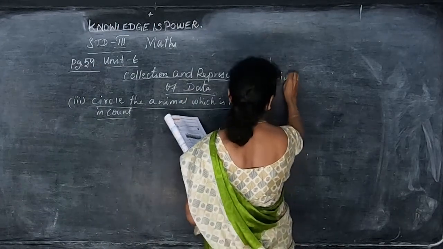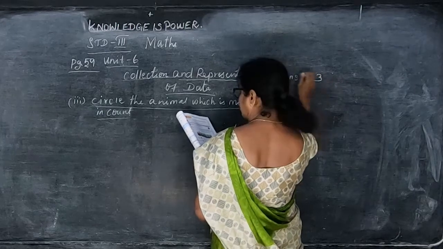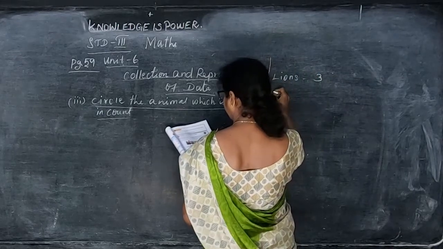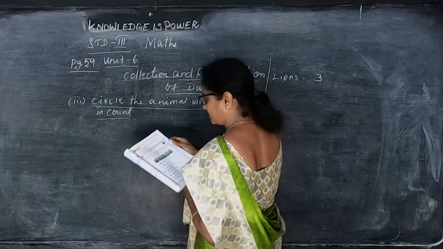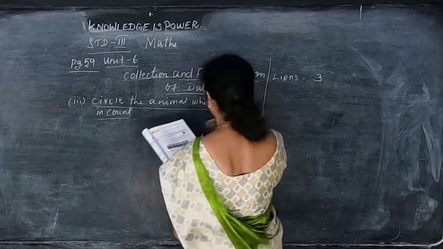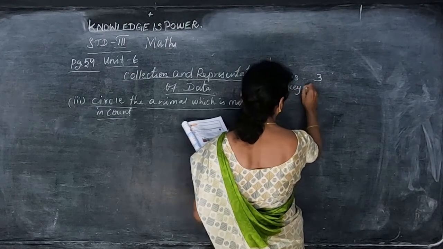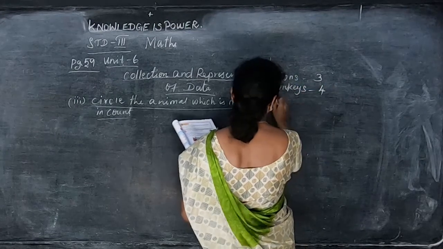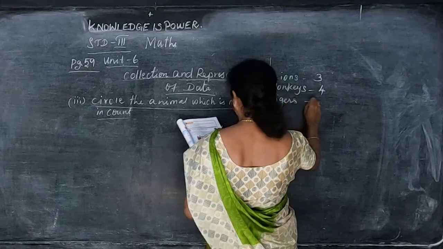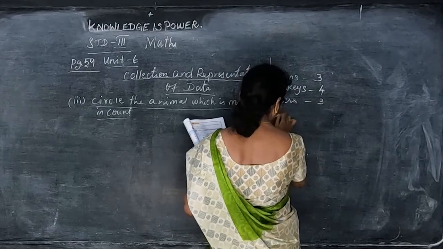Lion. How many lions are there? 3. And monkeys. Monkeys are 4. See that, look in each carriage, monkeys is 4. And tiger. How many tigers are there? 3 tigers. And elephant is 2.